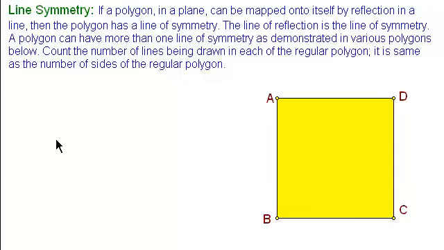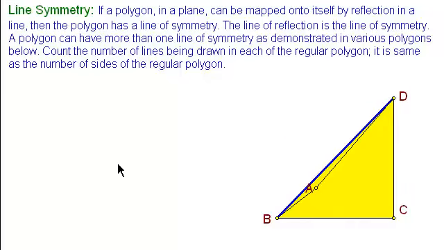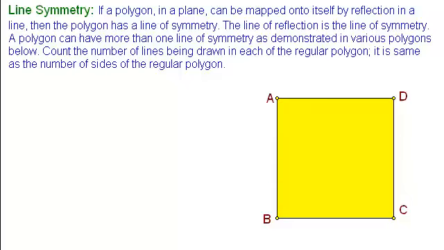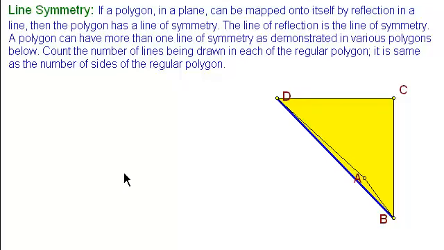Then the third one goes across one of the diagonals, and this is going to be the fourth one. So a square has 4 sides, and we counted 4 lines of symmetry. But remember, this is applicable only to polygons which are regular.